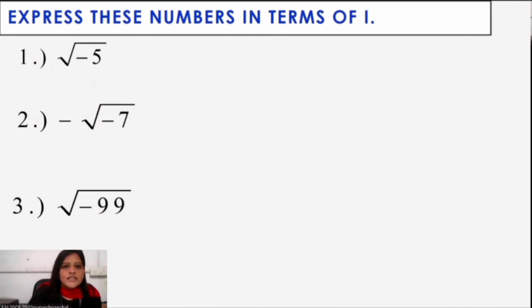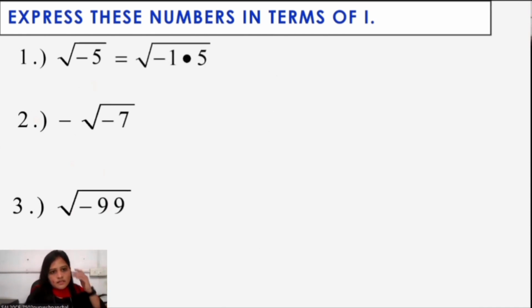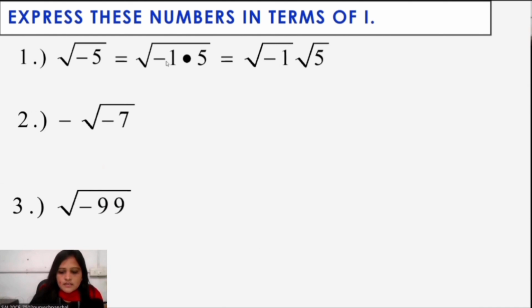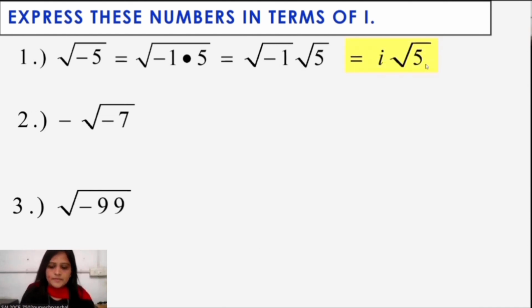Here, we can express these numbers in terms of i, because here we have square root of minus 5. So 5 into minus 1 is minus 5, and under root minus 1 I can write as i. So i root 5.